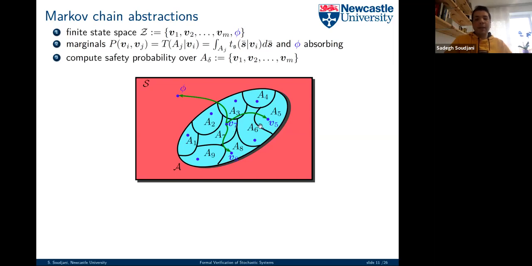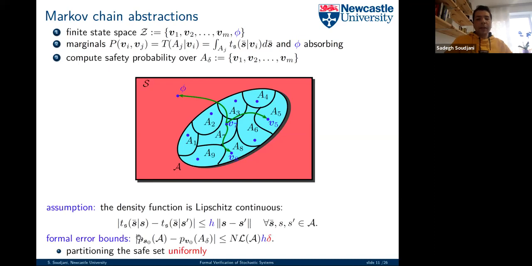For any pair of states, I compute one integral to get the transition probability or marginals. And finally, I compute safety over the discrete state space, over the Markov chain, where all these representative points inside the safe set are safe, but this dummy state is unsafe.